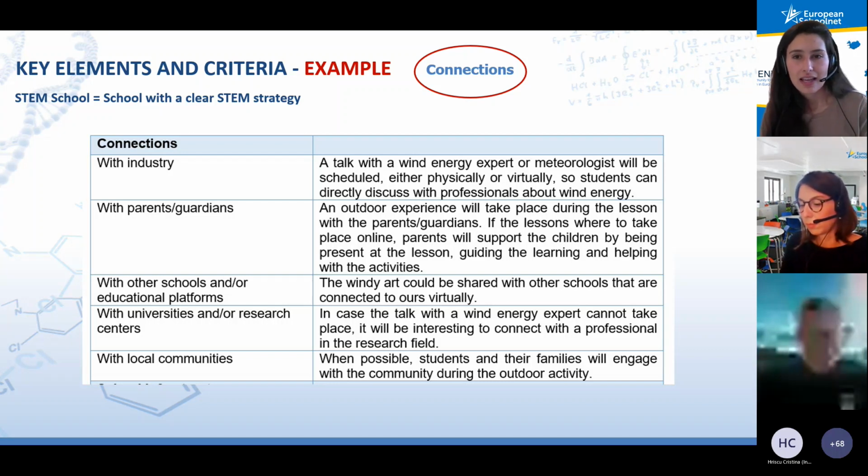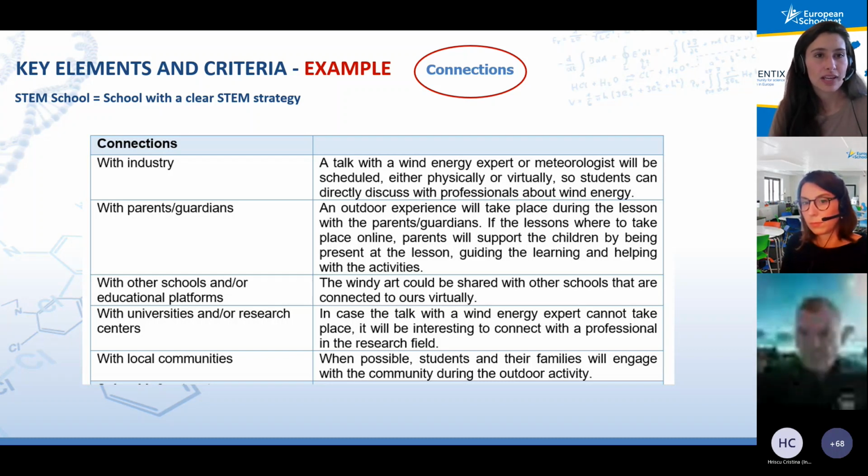So it's a matter of checking each element and each criterion and seeing how your learning scenario could benefit from it. And let's say that you don't have any connections with universities or research centers. That's okay. You don't need to fill in everything. Just try to see per element 1 or 2.